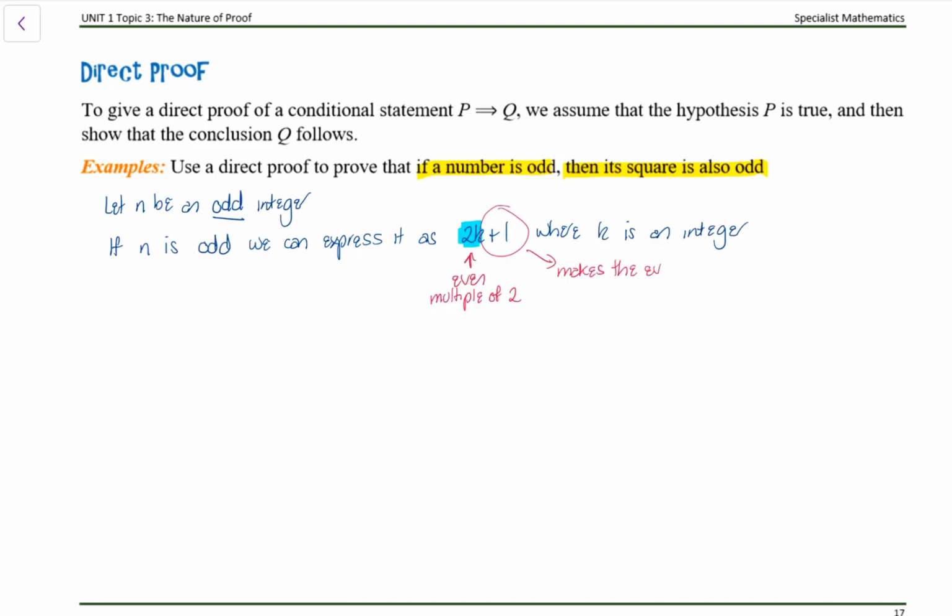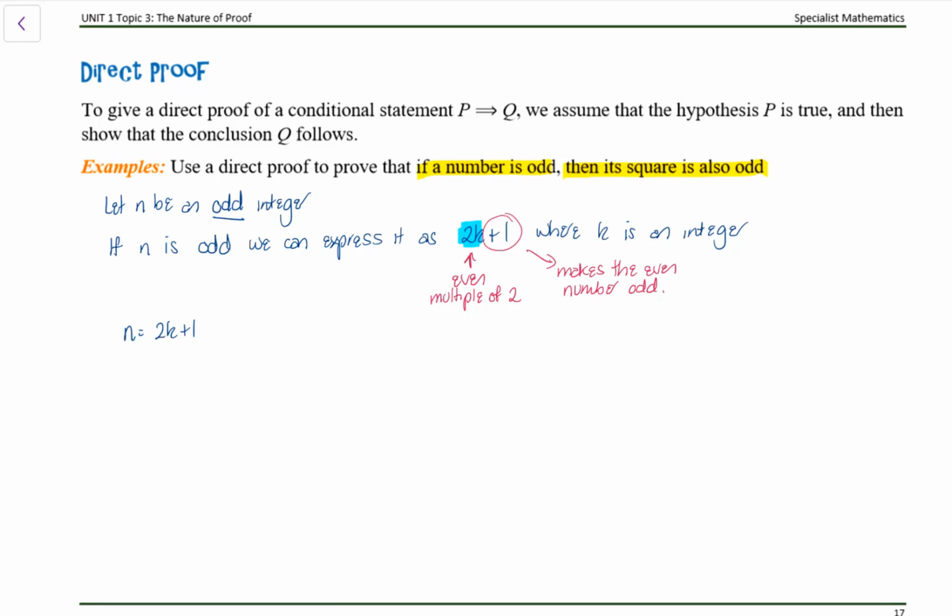So it makes the even number odd. Okay, so that's why we can say 2k plus 1 has to be odd. So that means we've got n equals 2k plus 1. So we've assumed n is odd.